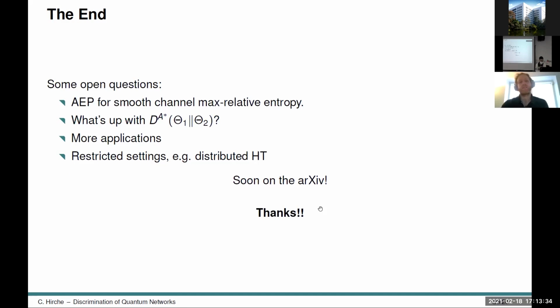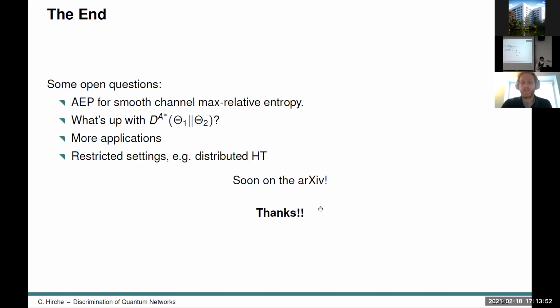On the last slide, I just repeat some of the open problems. It would be very interesting, of course, to prove the asymptotic equipartition property. That was a conjecture by Winter that I mentioned a couple of slides ago for the smooth channel max relative entropy.